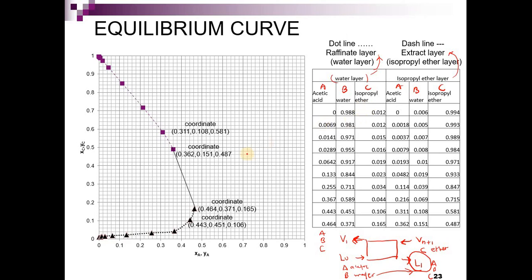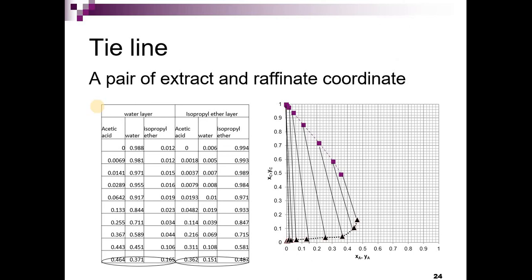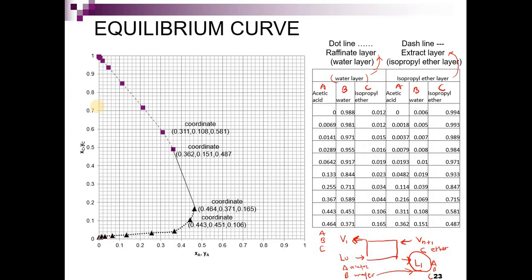Okay, so what you should do is you only need the coordinates. Let's say this is for the rectangular diagram. In the rectangular diagram you only have to plot component C versus component A. So you don't bother about B. You take A and C. Let's say for the raffinate layer, A and C are 0 and 0.012.